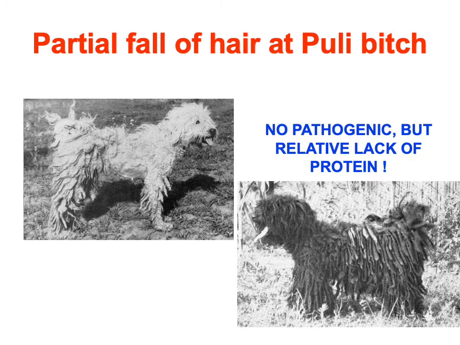What is different in case of the Puli bitch is that this fall of hair is partial, only in the first part of the body. We can guess that maybe the hind part should have been protected by the remaining of the hair.